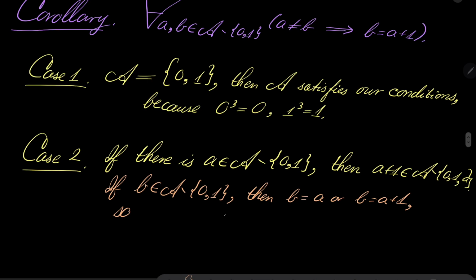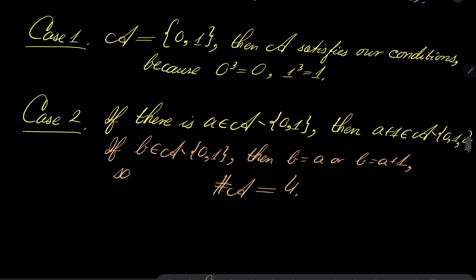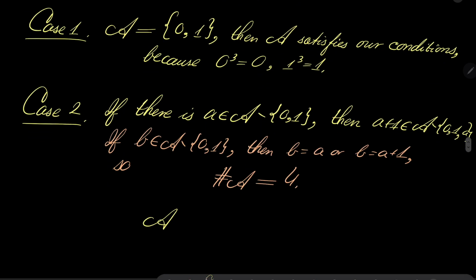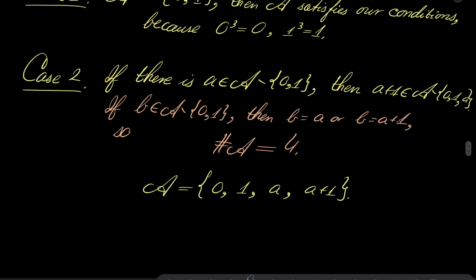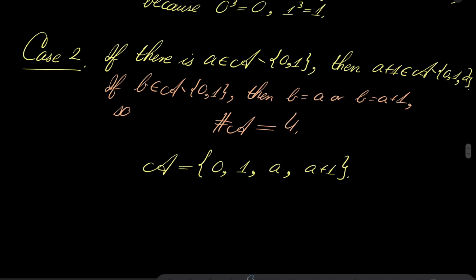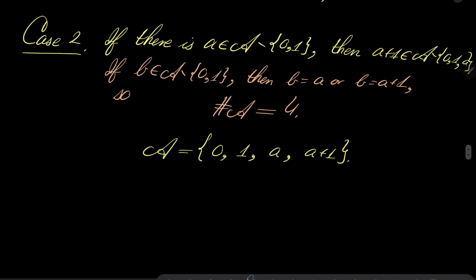So the cardinality of our ring equals 4 in this case. So our ring consists of the elements 0, 1, A, and A plus 1. And this is the field with 4 elements. So we have exactly 2 solutions, up to isomorphism.